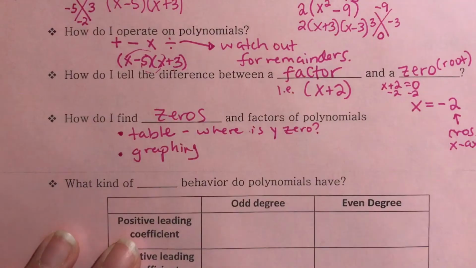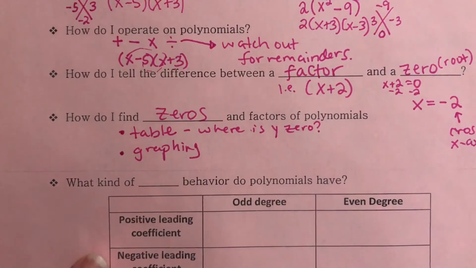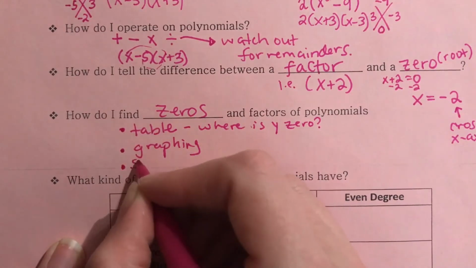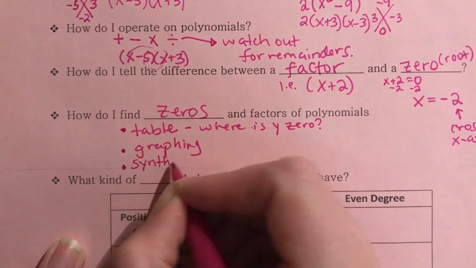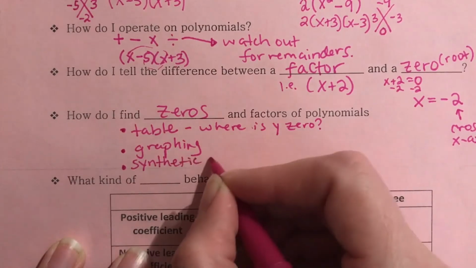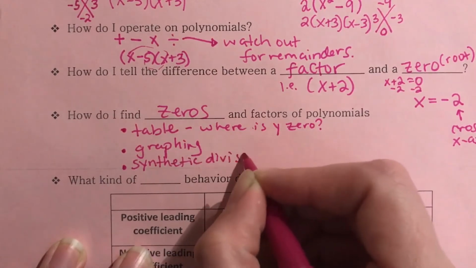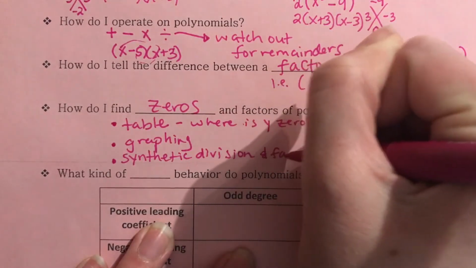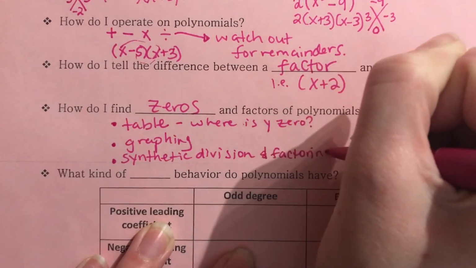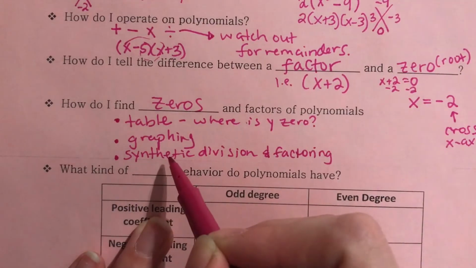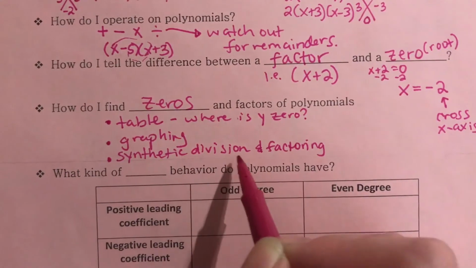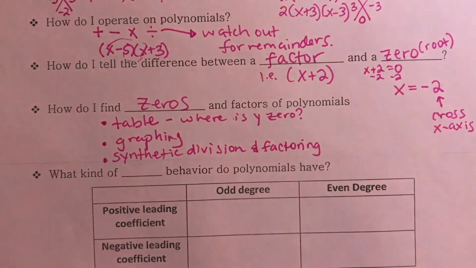So you could even graph a function in your calculator and look at where it crosses the x-axis. And the last way was using division. We used synthetic. You can also use long division. And factoring. So this would happen when we are given a factor. That means we can divide by it and factor what is left.